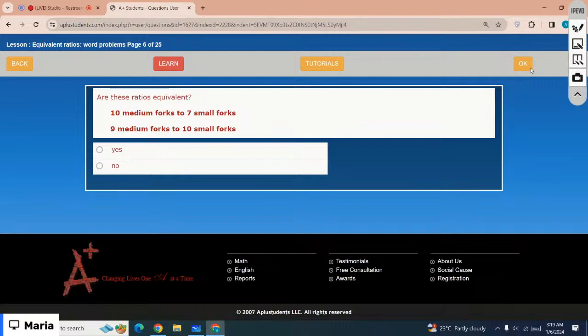The correct option is no, they are not equivalent. Got it?